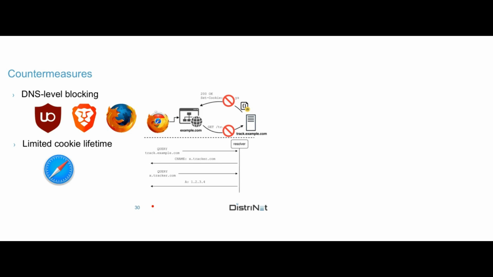Another way to block CNAME-based tracking is to limit the cookie lifetime, which is done in Safari. I believe that they set the lifetime of cookies to 7 days, making it more difficult for the CNAME-based tracker to track the recurring users.